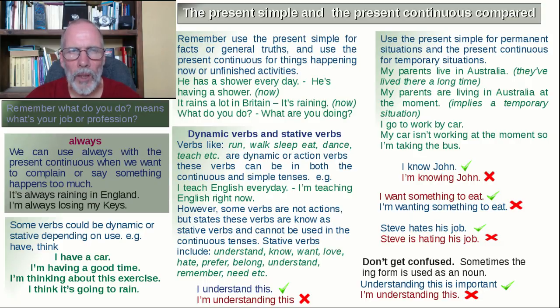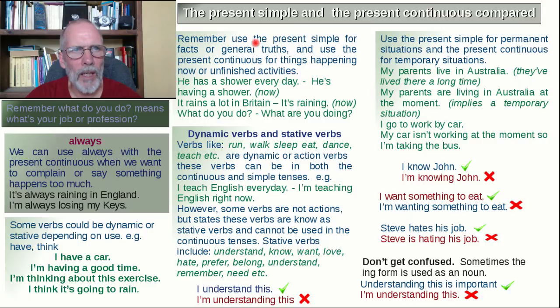And what I would like to do today is compare the present simple, which we saw in class 1, with the present continuous, which we saw in class 2. So today we're going to compare these two present tenses.